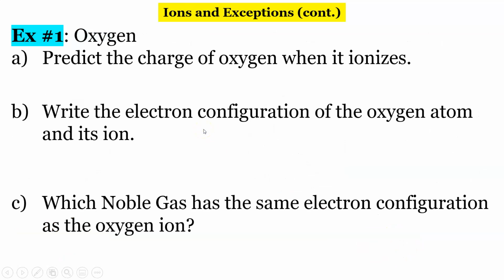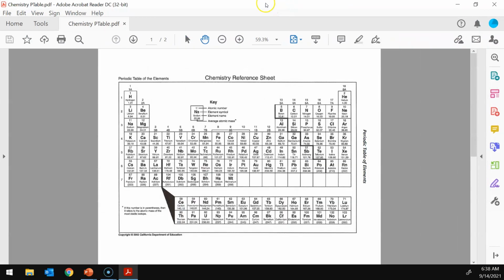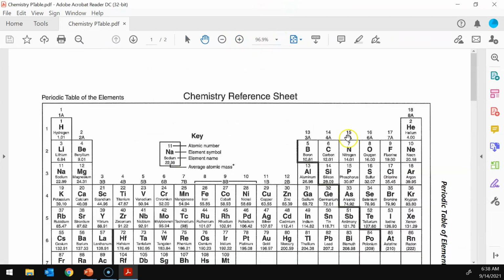Okay, so here's an example. It says predict the charge of oxygen when it ionizes. Write the electron configuration of the oxygen atom and its ion. And then which noble gas has the same electron configuration as the oxygen ion? So the first thing we're going to do is look at the periodic table. Oxygen on the periodic table is right here.